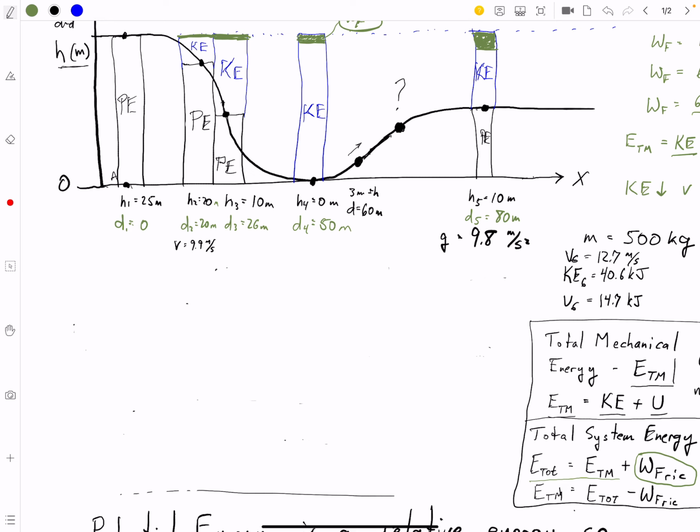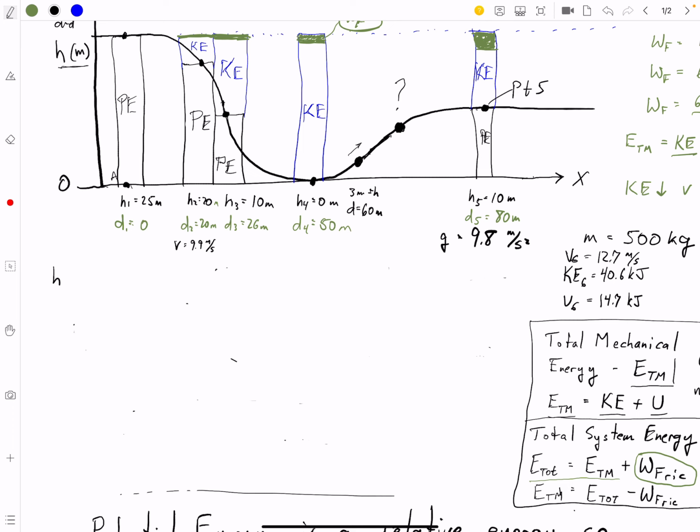Will it get to point 5? Well, that's all the way up here. This is point 5 right here. So will it get there? I don't know. It has to go another 7 meters high.